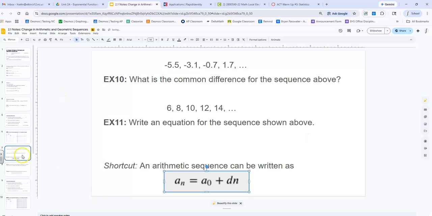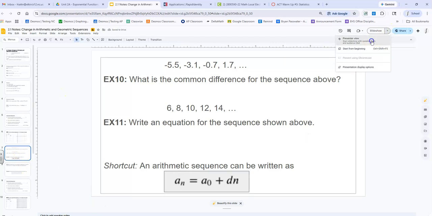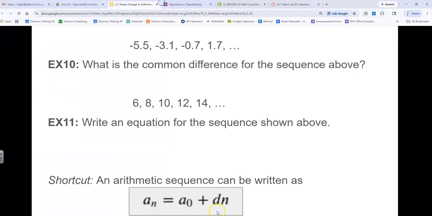In that box down there at the bottom, the arithmetic sequence can always be written as a sub n equals a sub 0 plus d, which is our common difference, times n.